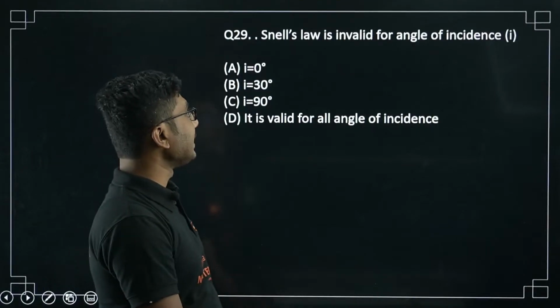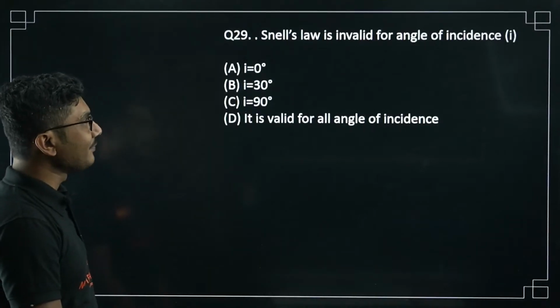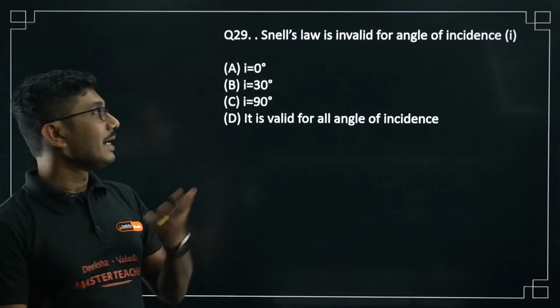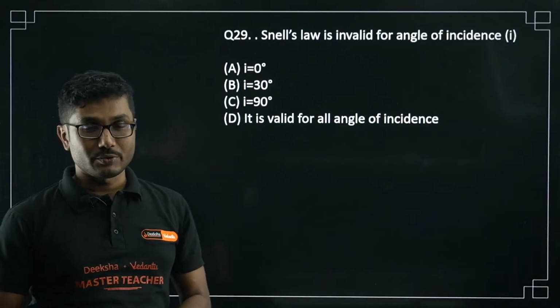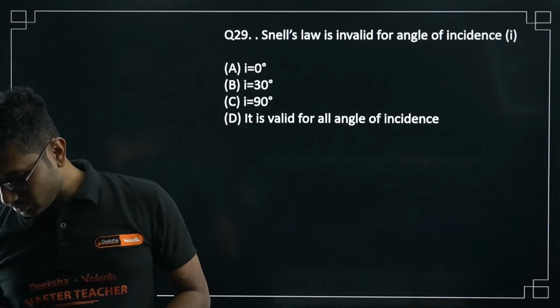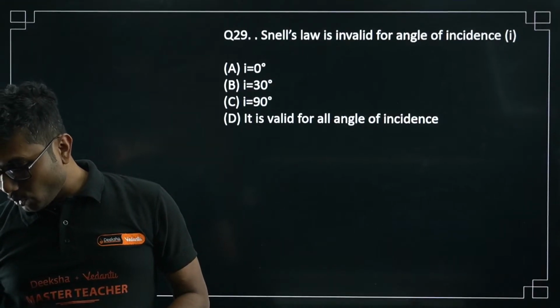Now question number 29. Snell's law is invalid for the angle of incidence. We have seen this question, but here it is given in terms of angle of incidence. So let's see how many of you can answer. Yes Chandan, both 1 and 2 are correct.